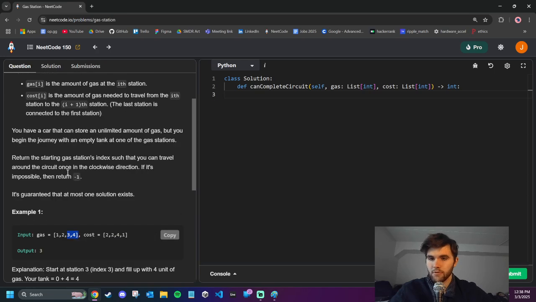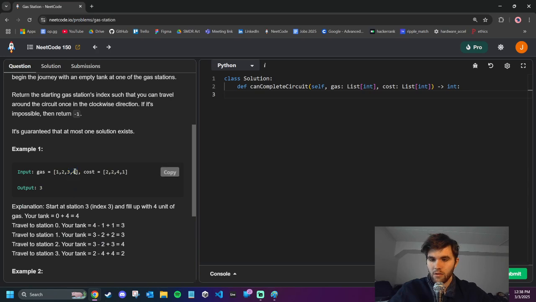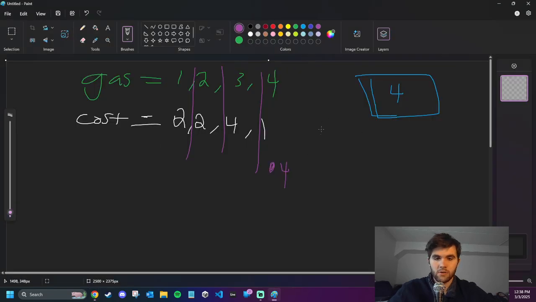Do we not fill up at every stop? We must fill up at every stop. Okay, so we travel to station 0. Yeah, I see. So it's our current tank minus this cost plus this amount of gas.